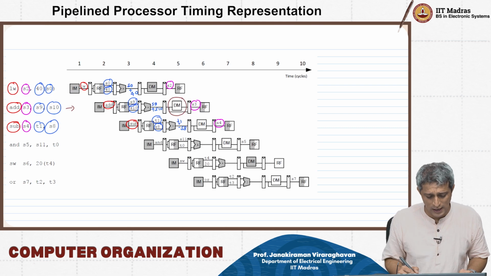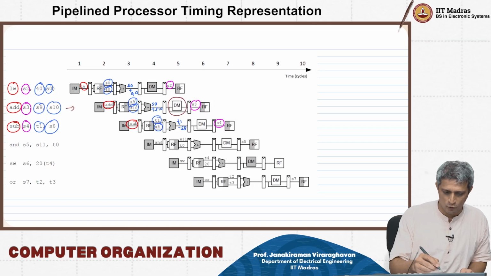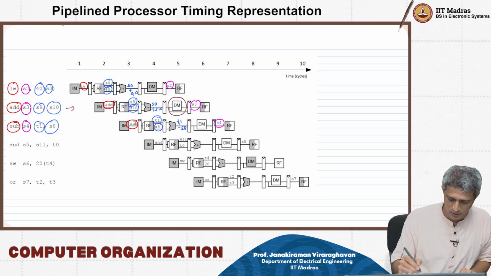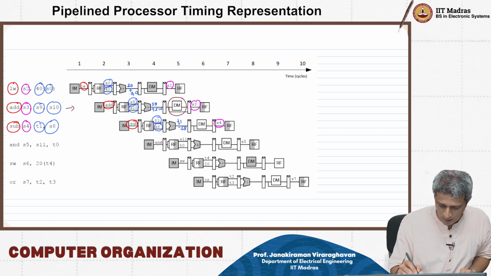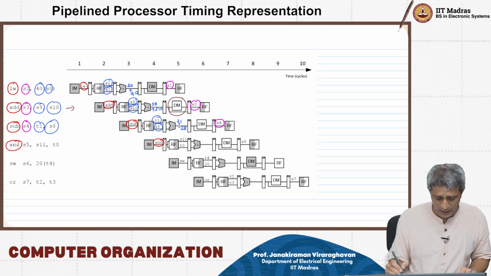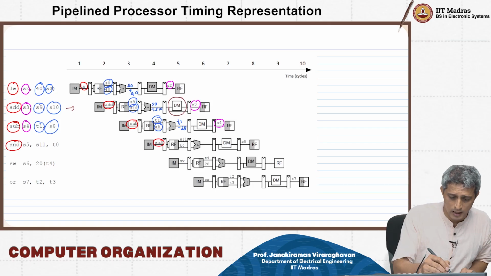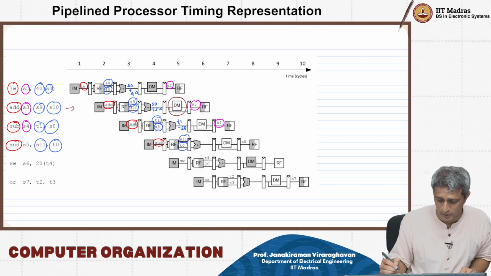Now again you have an AND of S5, S11, T0. For the fourth instruction, the fetch will happen in the fourth cycle, and you are going to get the AND out of that. The arguments to the ALU will be S11 and T0, as per here.